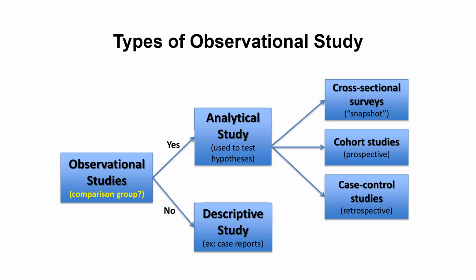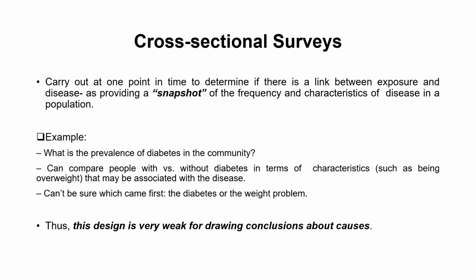If you have a comparison group, it becomes an analytical study, which is used to test a hypothesis from the researcher, and is divided into three main studies: the cross-sectional study, which is like a survey snapshot, the cohort studies, which are mainly prospective, and the case control studies, which are retrospective. We'll come across all these three designs.